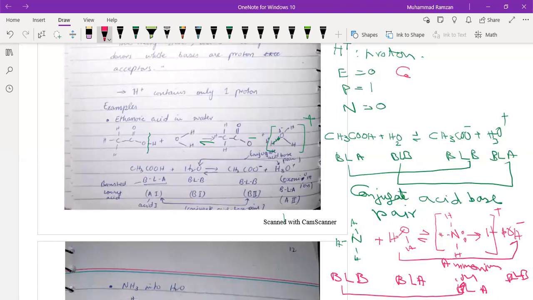Conjugate means to be linked, to be joined, or derived from each other.